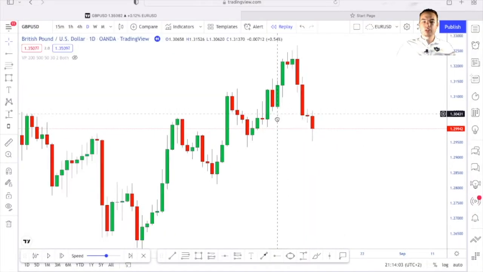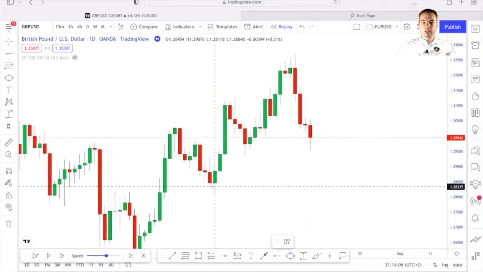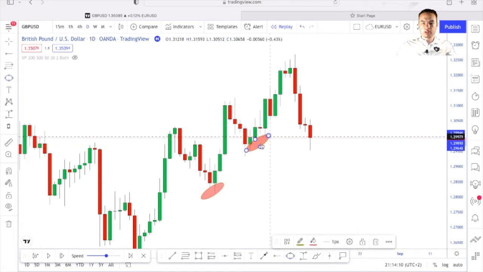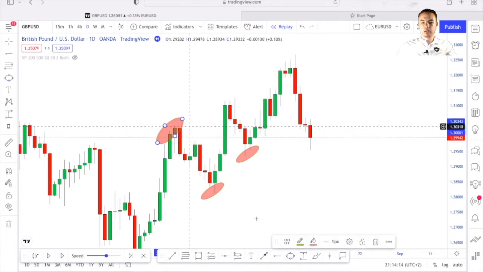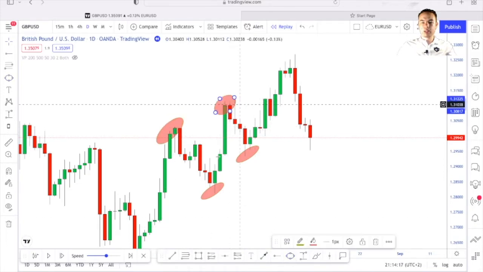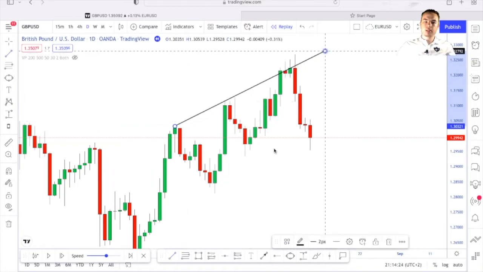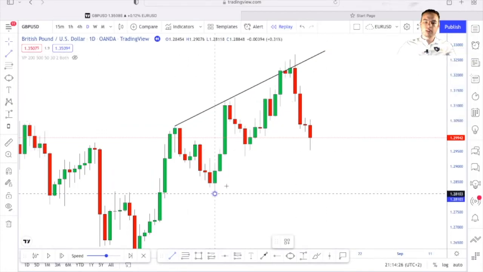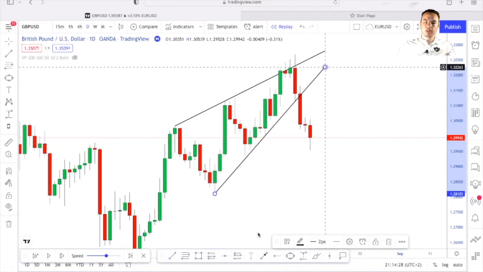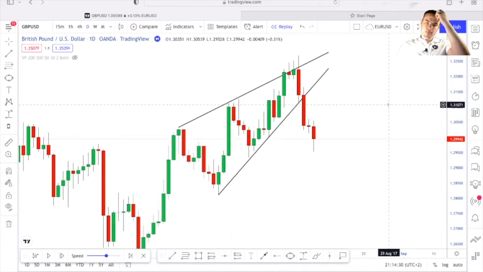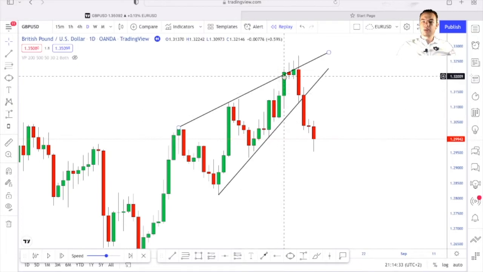So like I said, let's say these two points here, here and there, and then here and there. An ascending trend channel will be like that and like that. As you can see, it came up, touched, rejected, could have sold.